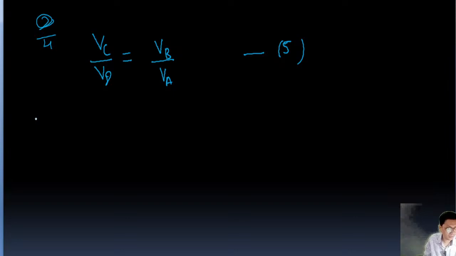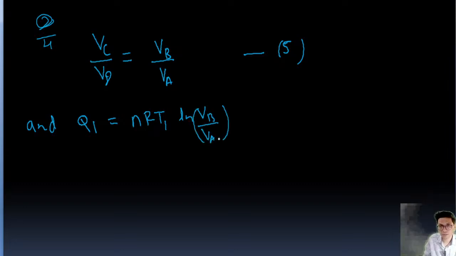And we have Q1 is equal to nRT1 ln Vb upon Va, right?